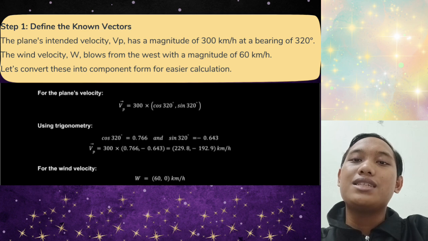For the wind velocity, W equals 60 km per hour.